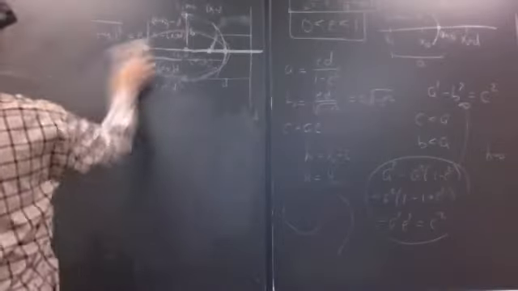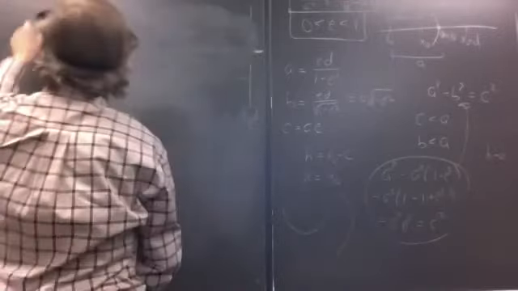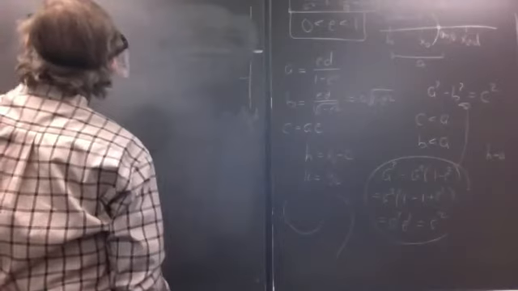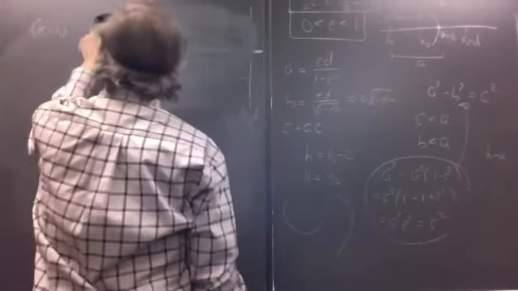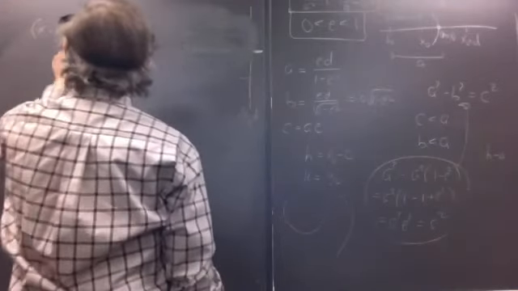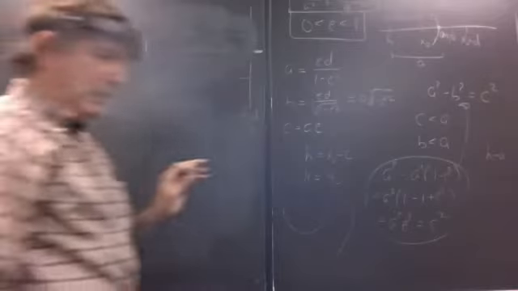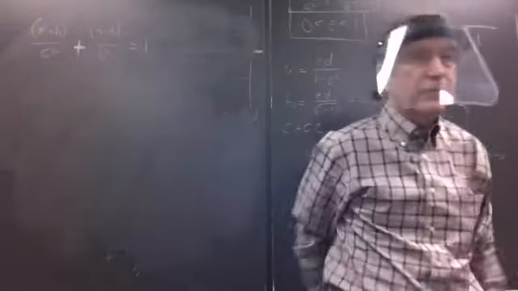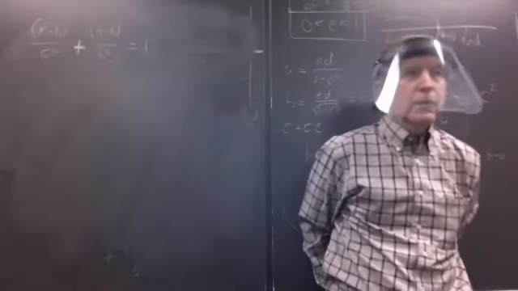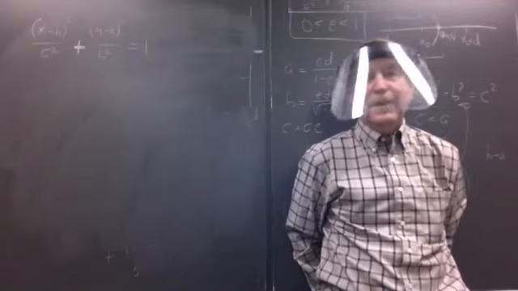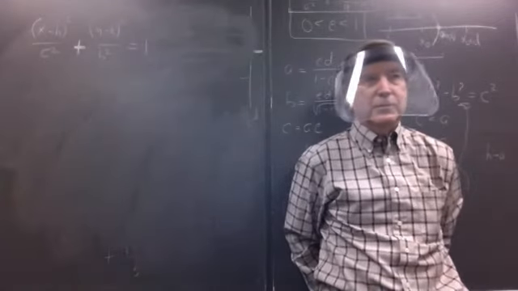In the two cases that I just talked about, you will get (x minus h) squared over a squared, plus (y minus k) squared over b squared, equals 1. This is the equation of an ellipse when the directrix is vertical, and when you do case 1 and case 2, you get the same equation.